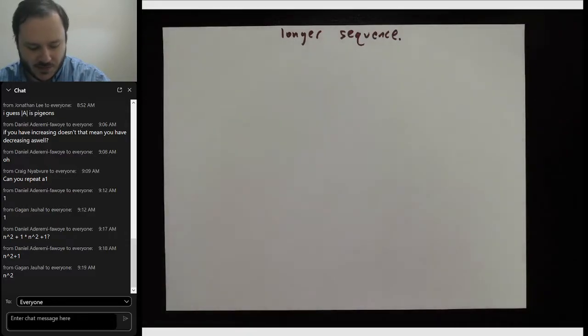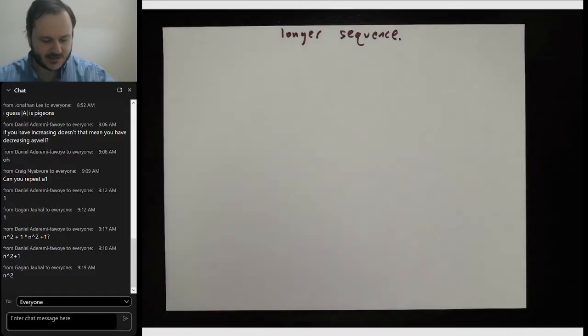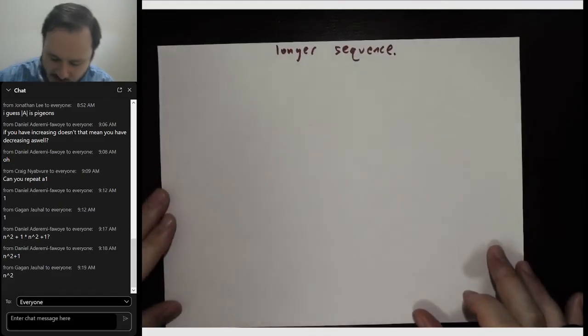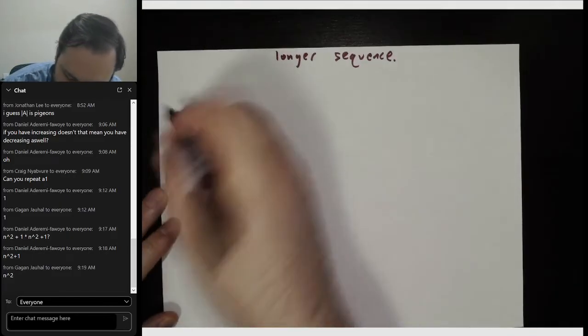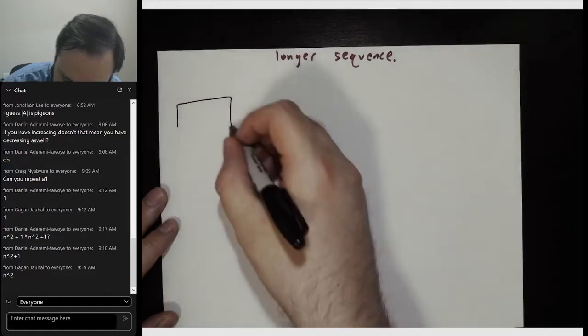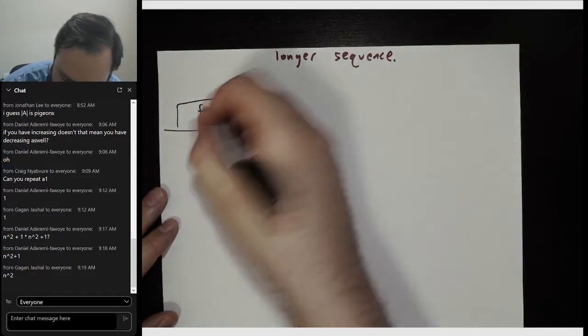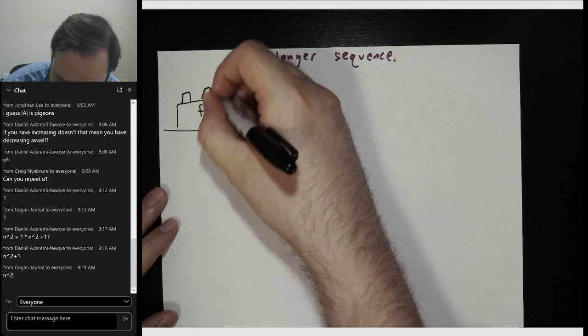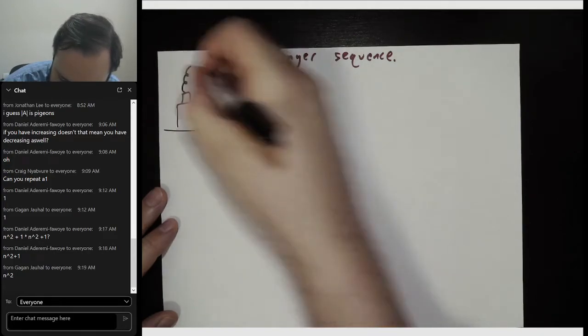I want to go back to talking about functions. Since it's the end of the week, let's draw some pictures. I want to think of functions as little factories. So here's my F factory. It's got some nice smokestacks.